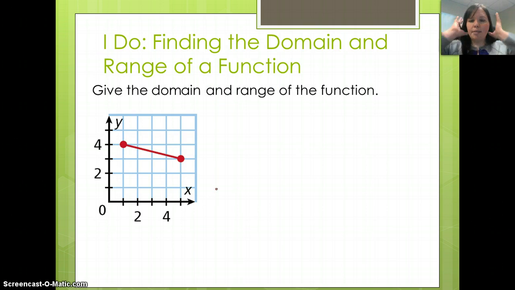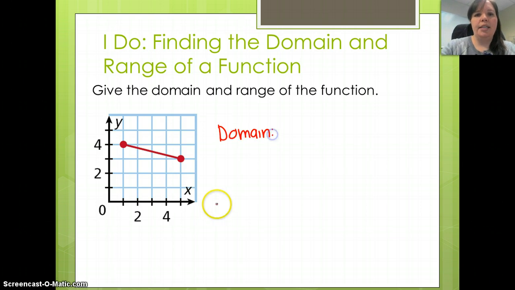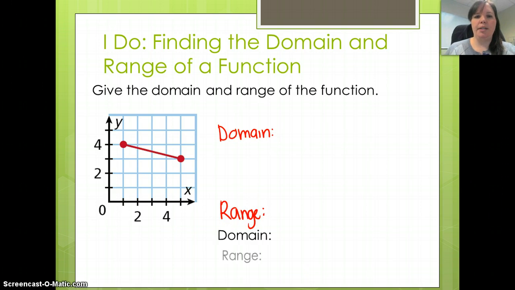So for instance, I'm going to do this one, finding the domain given this function. And I've defined this as a function. Again, if you think about your vertical line test, every input has only one output, so therefore this is a function and I named it as such. If I want to give the domain and the range, and actually I think, oh, yep, I had words there.